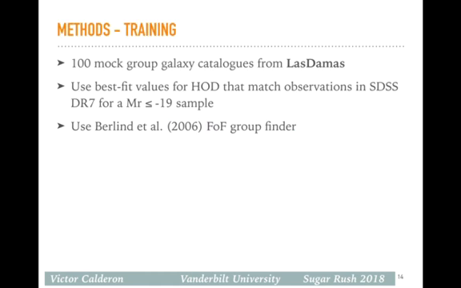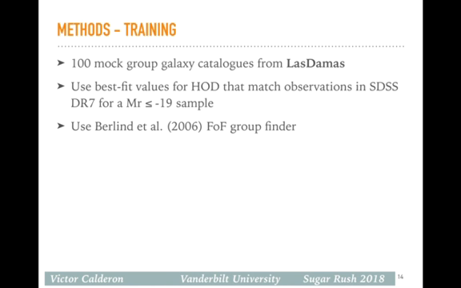So the first thing that we do is we have a set of 100 mock group galaxy catalogs from the Last Llama simulation. Last Llama is a suite of simulations that fit the clustering of SDSS for a given luminosity for a given volume limited sample.